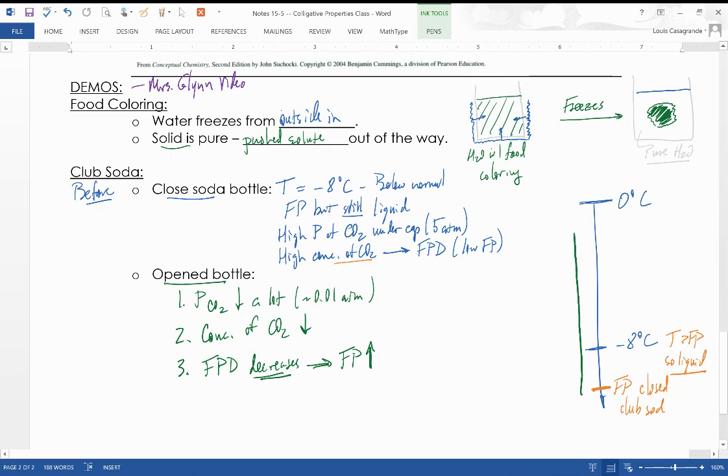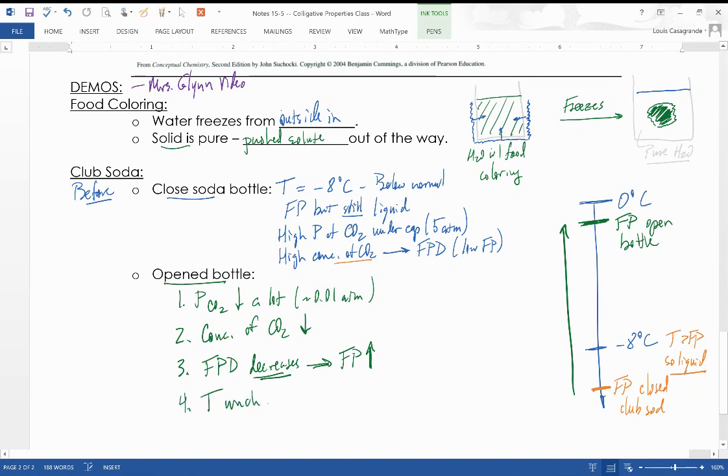Does it come up all the way to 0 degrees? I don't know. Does it matter? No, because now here's our freezing point of the open bottle. Okay, freezing point came up of my open bottle. Now, at the same time, the temperature is unchanged.